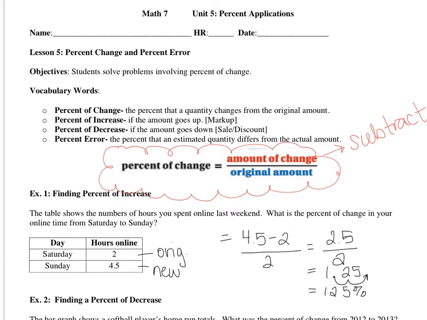So Saturday we spent 2 hours, doubling that would be 4. But since we spent 4.5 hours online Sunday, it makes sense that our percent change would be 125%, or a little bit more than doubling. So 125%, and this will be an increase because we started off with a smaller number and we grew. So it's a 125% increase in the amount of time we spent online between Saturday and Sunday.